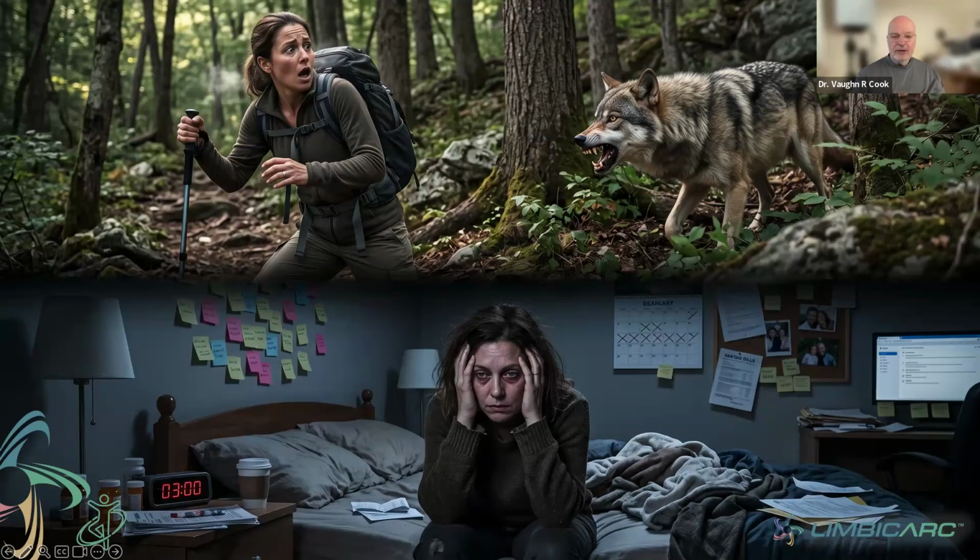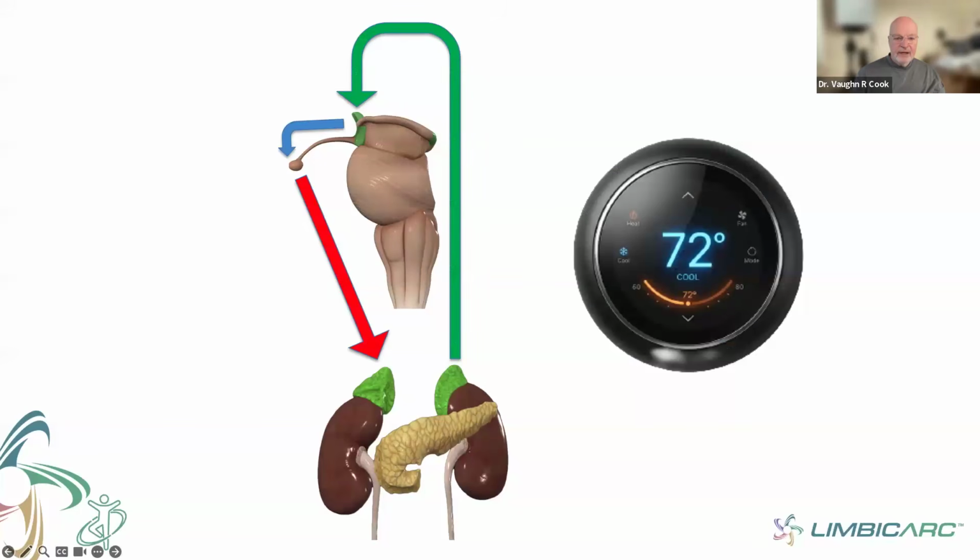Stress in the bottom picture is not our friend, because what happens is this. Let me go to the next slide. Stress is handled primarily through what's called the HPA axis. That H stands for hypothalamus, and that's the little green thing at the very top where there's a green arrow pointing right to it. That's in your brain, and that's an endocrine gland that emits certain chemicals, but it also receives certain signals.